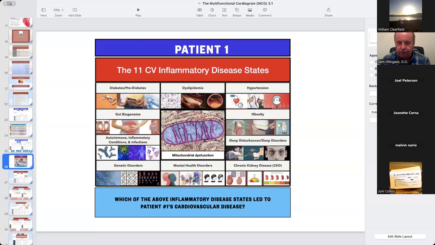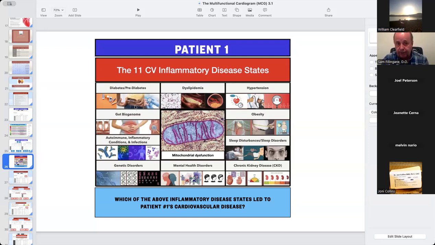It gets real interesting in this box right here because this one's busy. This includes autoimmune conditions. Yes or no? Inflammatory conditions, could be toxins, could be any number of inflammatory states that aren't autoimmune in nature, could be chronic infections like Lyme's disease, and so on.